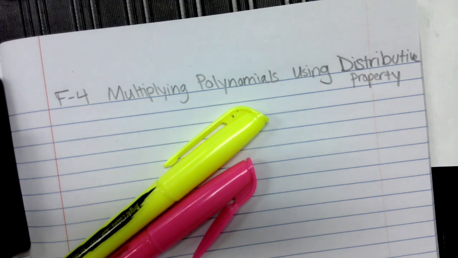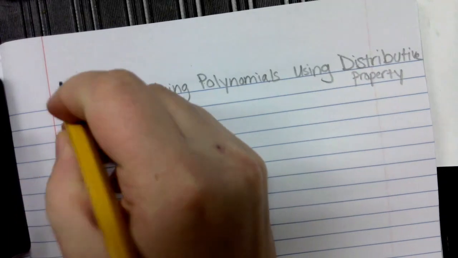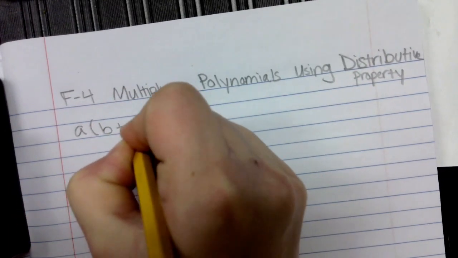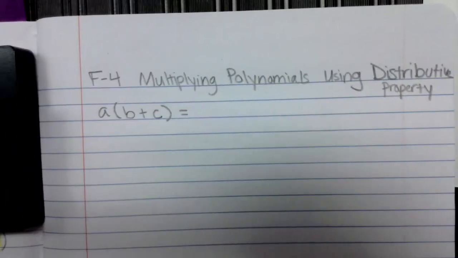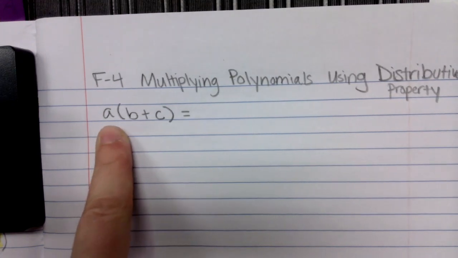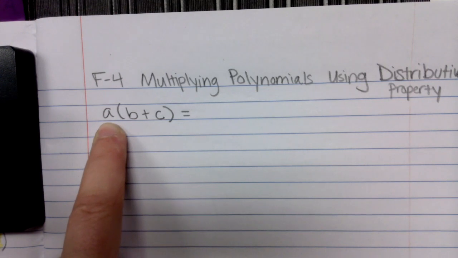Alright, if I have A times B plus C. First off, let's classify those polynomials. Is A a monomial, binomial, or trinomial? Just the A. It's just one thing.